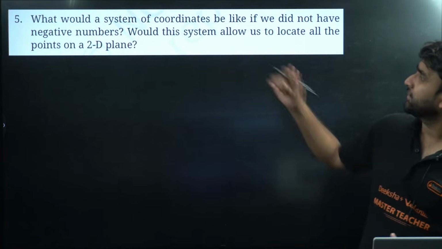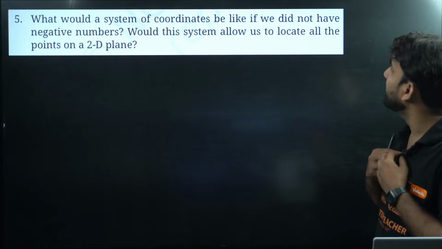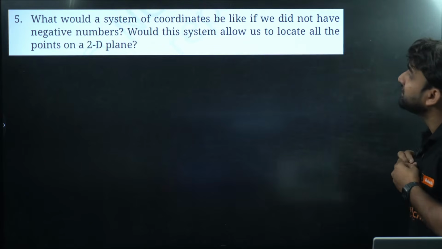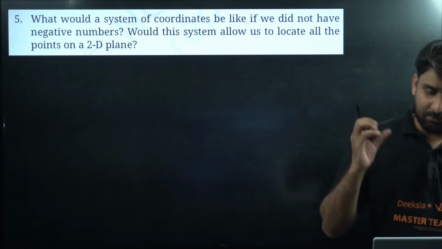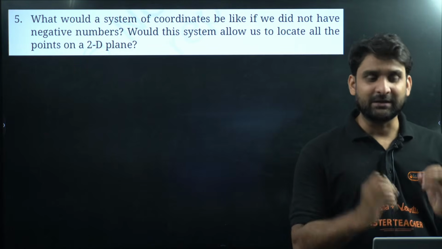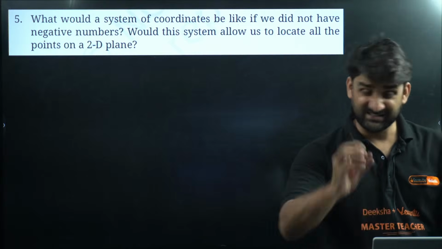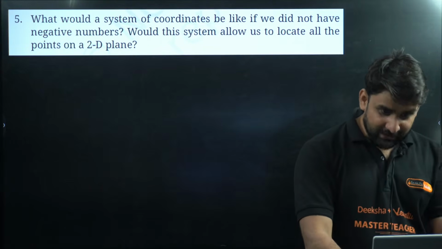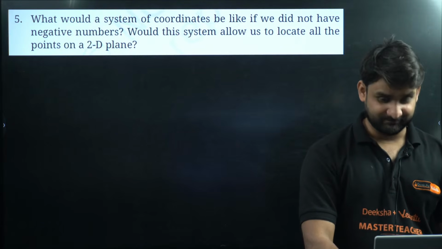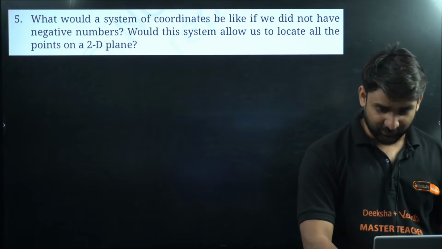So please focus on the question here. What would a system of coordinates be like if we didn't have negative numbers? Would this system allow us to locate all the points on a 2D plane? Please give me the correct answer for this question. This is a little bit logical, and I'm waiting for the response from you guys who can give me the correct answer.